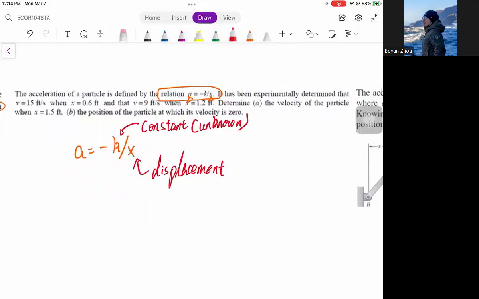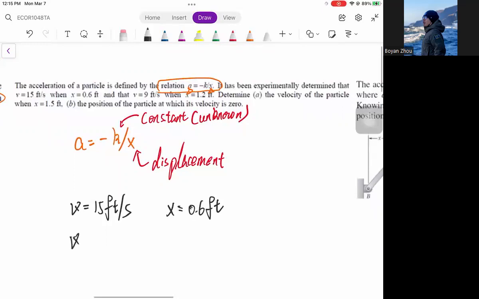So just going to write down the given conditions. When the velocity is 15 feet per second, the displacement at that time is 0.6 feet. And when the velocity is 9 feet per second, the displacement is equal to 1.2 feet.